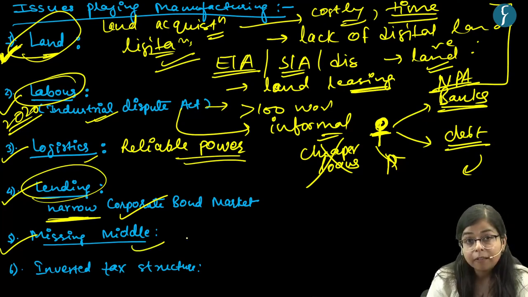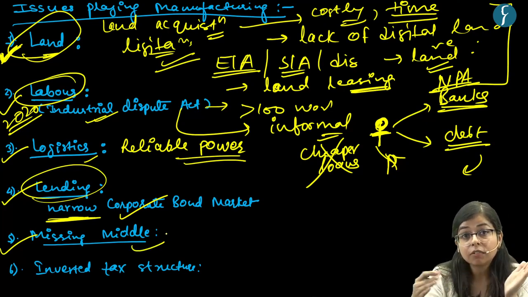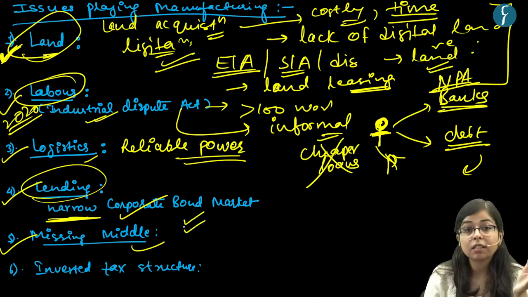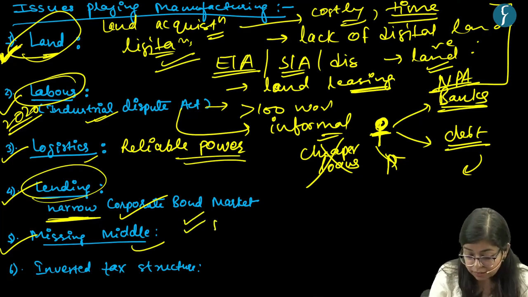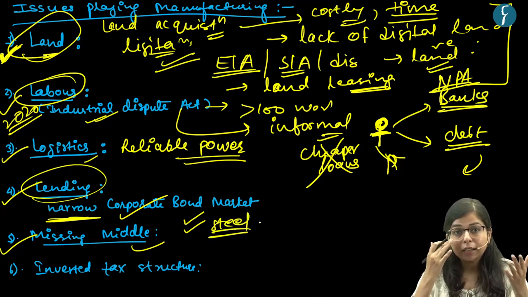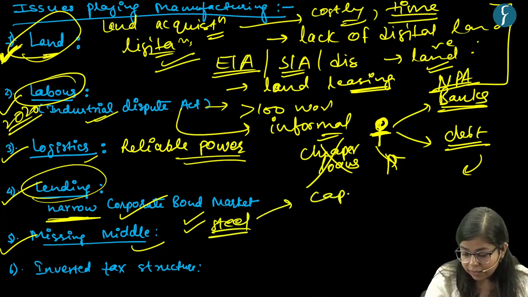The other thing is that there is an issue of the missing middle in the country. Now, right after independence, there was a focus on developing heavy industries, like cement industries, fertilizer industries, steel industries, right? So these industries are large scale, and they are capital intensive.